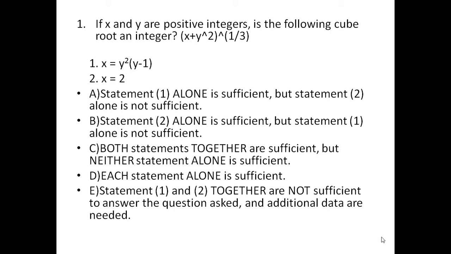We are supposed to decide whether these statements are sufficient individually, sufficient together, whether one of them is sufficient while the other is not, or whether both of them together are not sufficient. Based on this, we would be able to identify which of the options A, B, C, D, E is the correct answer for this question.